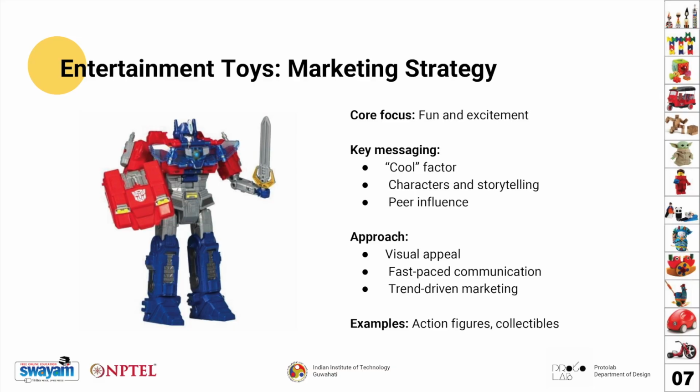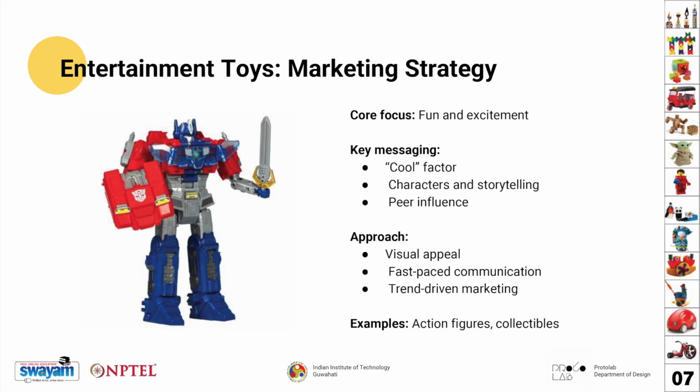Entertainment toys are marketed with a very different focus. In this category, the primary goal is not to communicate learning or development, but to generate excitement, engagement, and desire. The messaging often revolves around the cool factor of the toy. This could include association with popular characters, movies, or storylines, as well as visually dynamic and action-oriented presentations.